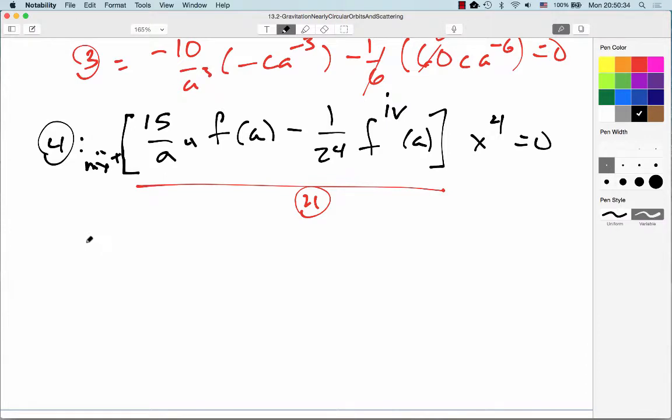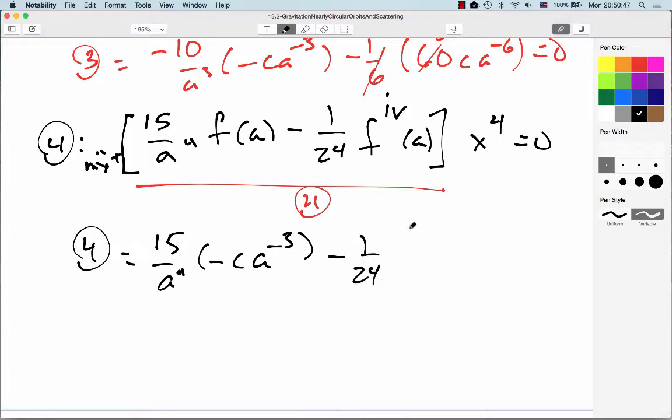So we look at the thing in the brackets. That equals 15 over a to the 4 times minus c a to the negative 3 minus 1/24, and the fourth derivative turns out to be negative 360 c a to the negative 7. Well, a to the negative 3 divided by a to the 4 is a to the negative 7.